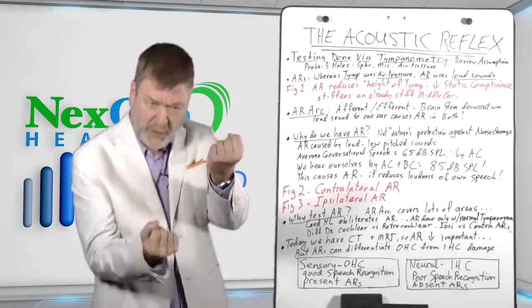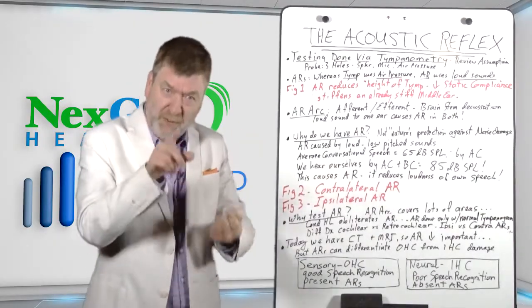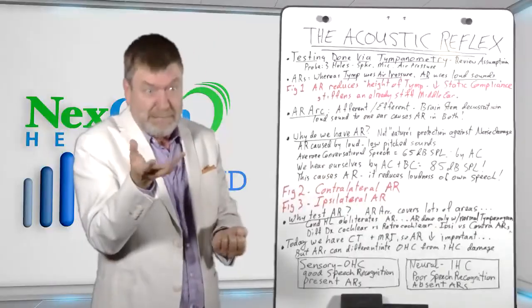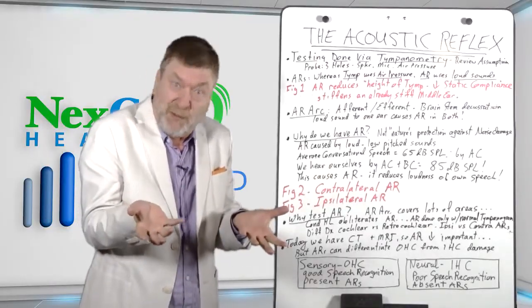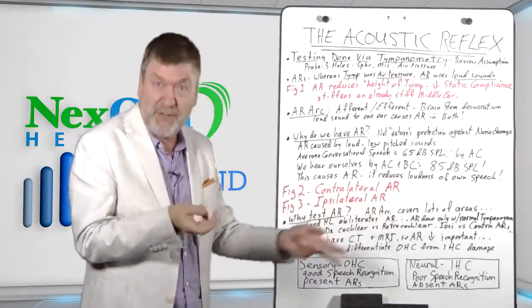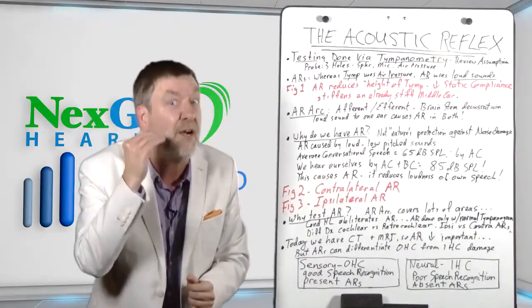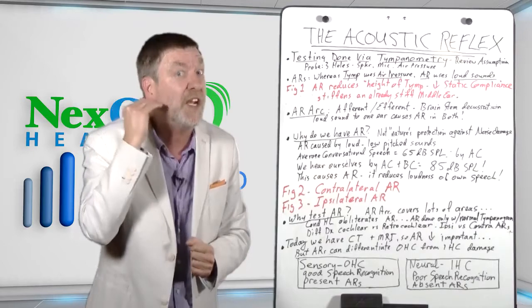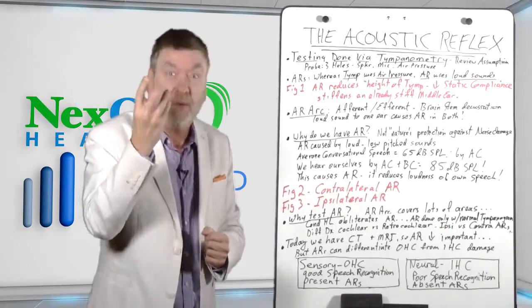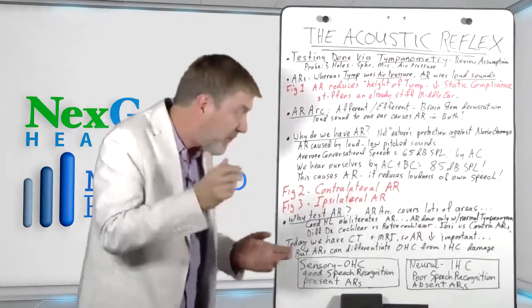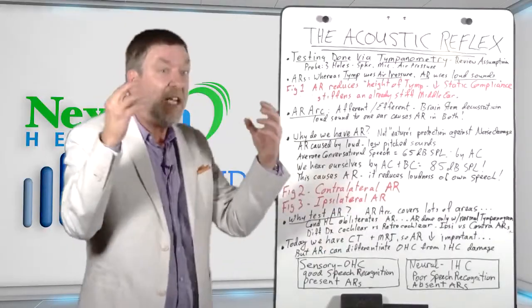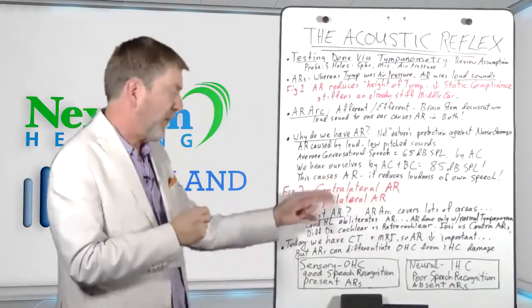If someone has a hearing loss in one ear, that's a positive sign it could be an eighth nerve tumor. Well, you'd use acoustic reflexes to help differentially diagnose. Was that just a unilateral hair cell cochlear damage, or was that unilateral hearing loss due to an eighth nerve tumor? So we used to use ipsilateral and contralateral reflexes.